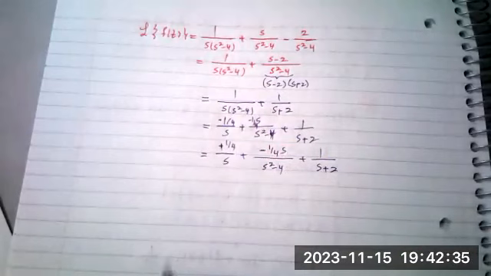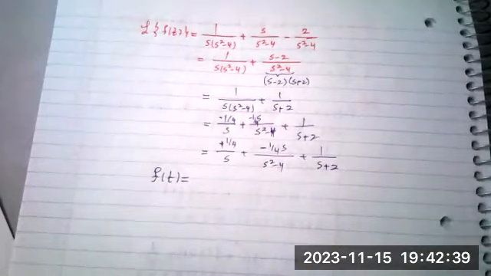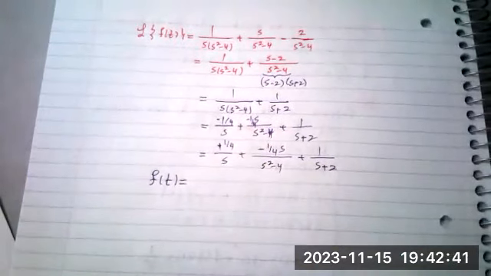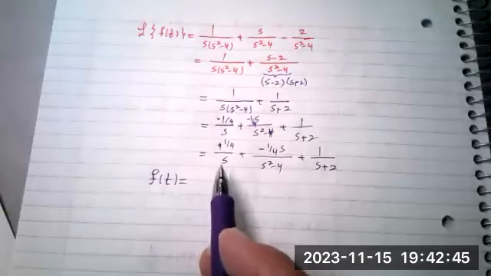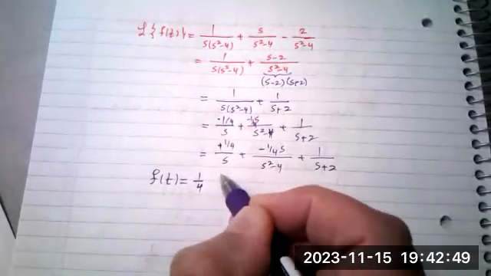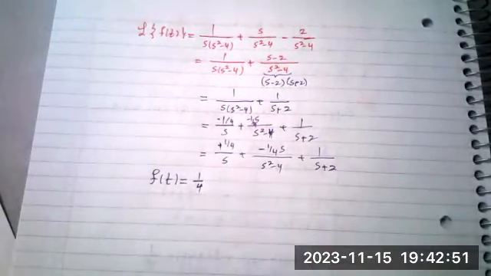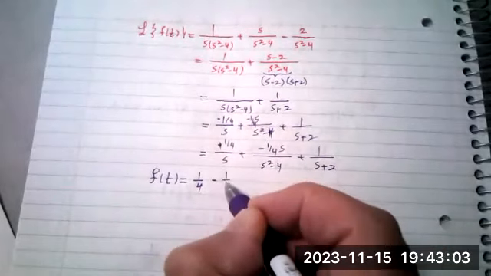Again, now we find the f of t. f of t is going to be equal to Laplace inverse of this. Okay, are you ready? The Laplace inverse of the first one is going to be a quarter. You know that the 1 over s is the Laplace inverse of 1. So this is the first one, quarter. Second one, I pull out the negative quarter.